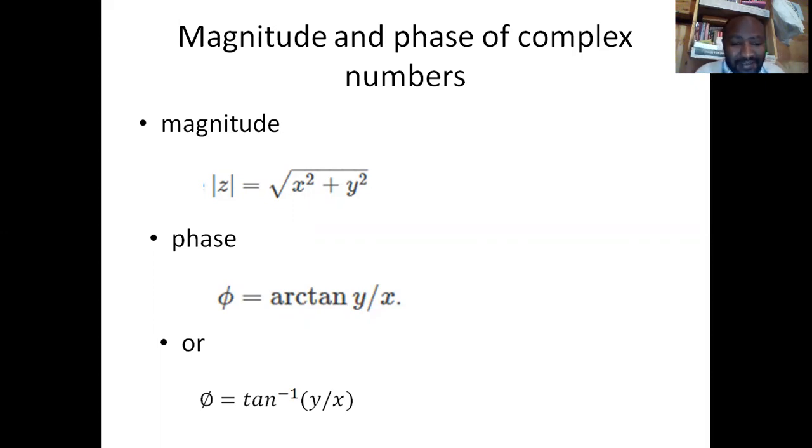What I'm saying is, get the tan inverse. Arctan is basically tan inverse. We are more used to the term tan inverse. So get the tan inverse of y over x, where y is the imaginary part of your complex number and x is the real part of the complex number.